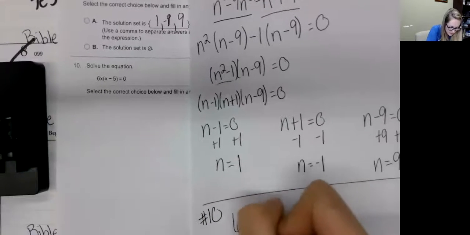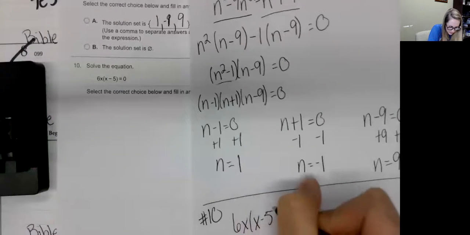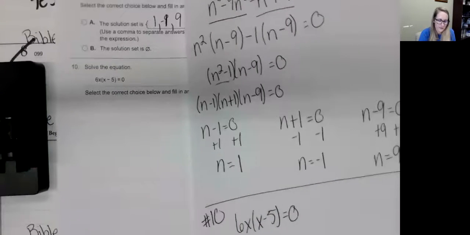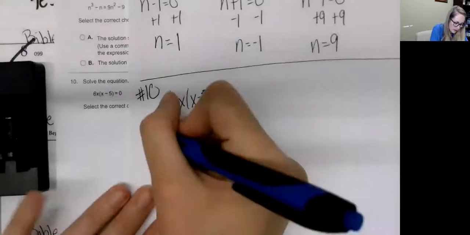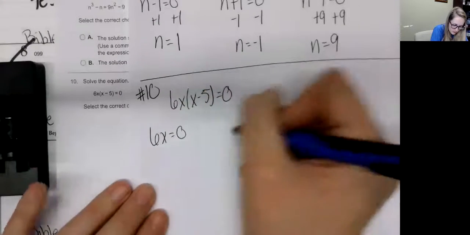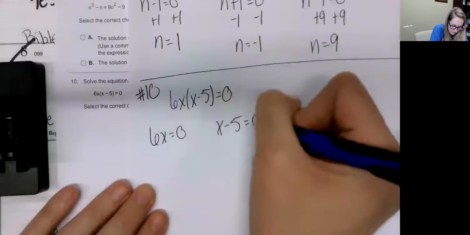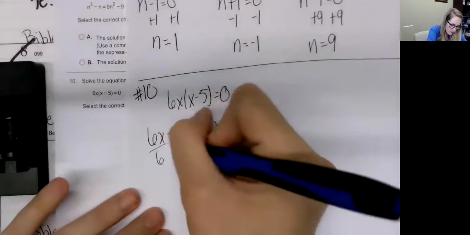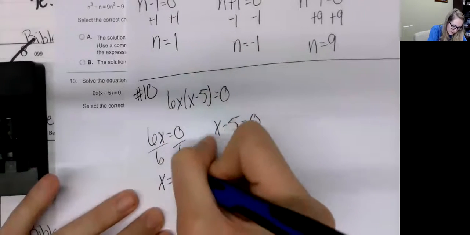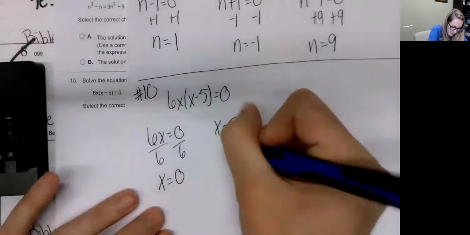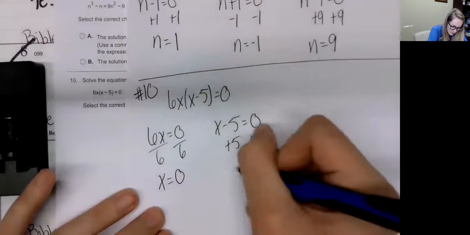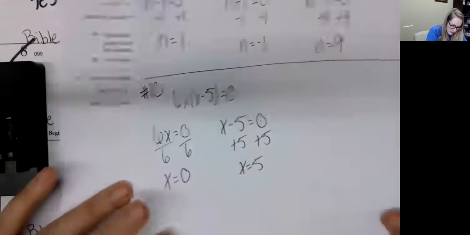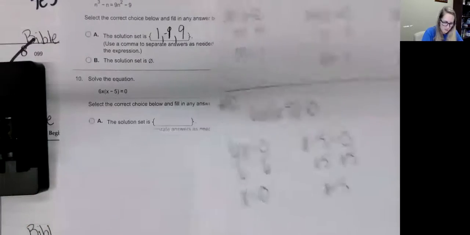Since I don't have an x squared or anything, I'm just going to have 6x equals 0 and x subtract 5 equals 0, because if I multiplied that, it would make it way harder, and I don't want to deal with the squares when I'm solving for x. If I divide 0 by 6, x still equals 0. When I add my 5, x equals 5. So my answer would be 0 and 5 on this one.